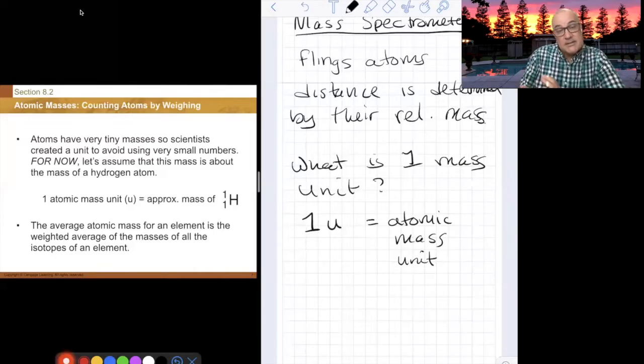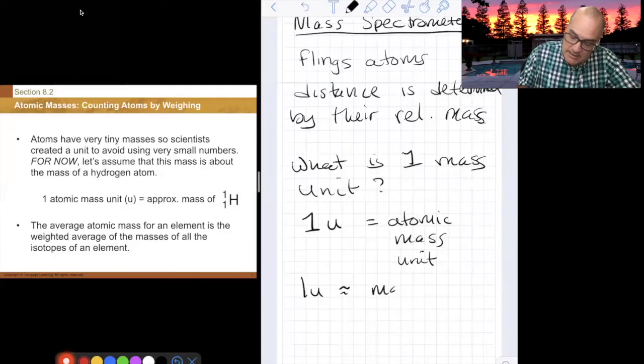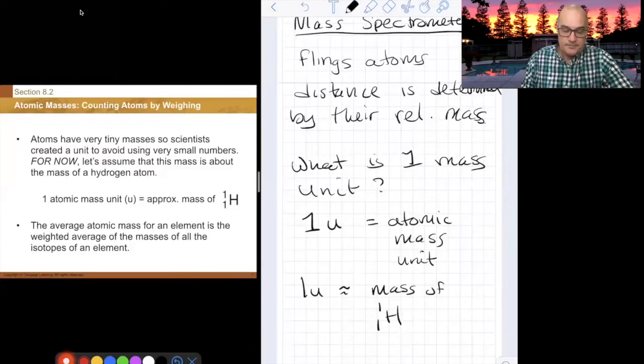So it makes sense that we would use the mass of a hydrogen atom as 1 unit. It turns out this is not true, and I'll talk about this shortly, but let's say for now, 1U is about the mass of 1 hydrogen.